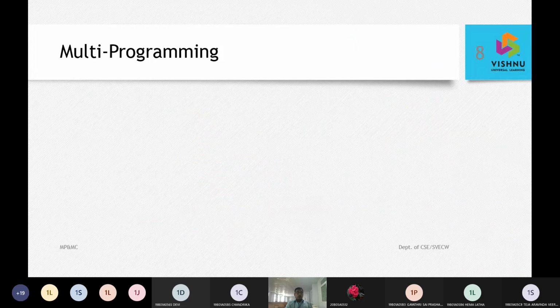After uniprogramming, the next and foremost element we are going to have is the multi-programming concept.